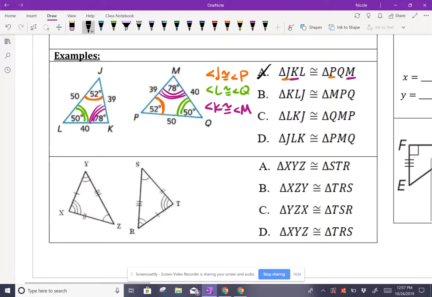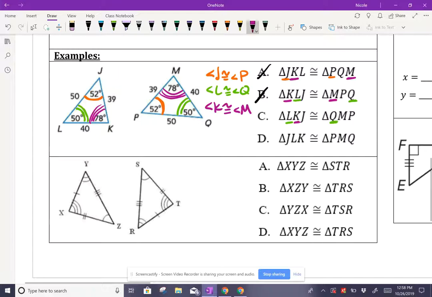So this will not work for us. So then we look at our next option. We have K starting things off, and that matches up with M. And then I have L in the middle, and that does not match up with where Q is. So this also does not work. And we look at L leading things off, and that should match up with Q, which works.